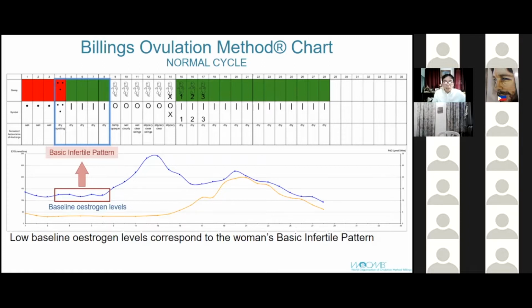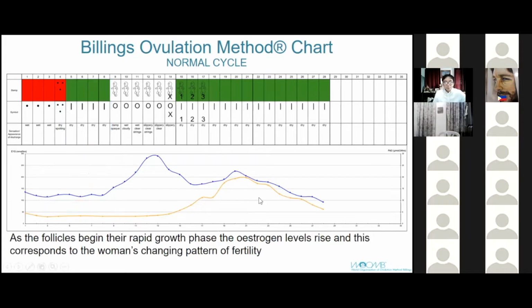He was able to identify that during the days of menstruation and the BIP after menstruation, estrogen levels are at the baseline. As the follicles begin their rapid growth phase, the estrogen level rises, and this corresponds to the woman's changing pattern of fertility. So, ibig sabihin, the moment there is already a rapid growth of the follicle, estrogen begins to rise continuously.